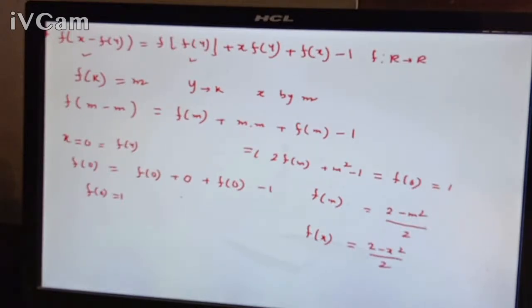Now, what is the procedure to solve that type of problem? The main and major step is this one, that f(k) equals n.